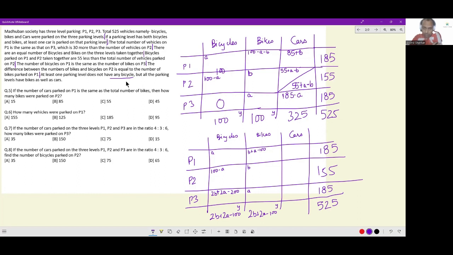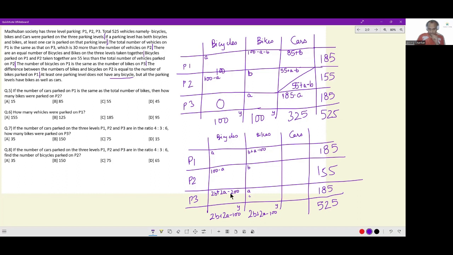Okay. For the first case, we already have that determination, because bicycles in P3 are already 0. Now, in the second case, where can bicycles be 0? If the first case is 0, then bikes will also be 0 somewhere. So this A cannot be 0. 2b plus 2a minus 200.